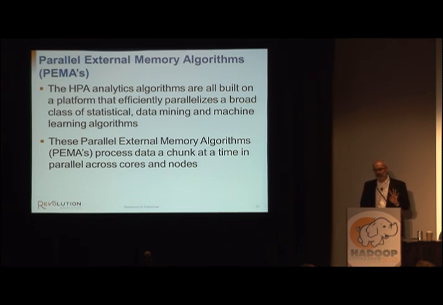Those are the four functions that we have to write to implement a new predictive analytics algorithm for our engine. And as I mentioned, these algorithms process data a chunk at a time, so it allows them to scale to very large data and to be parallelized.